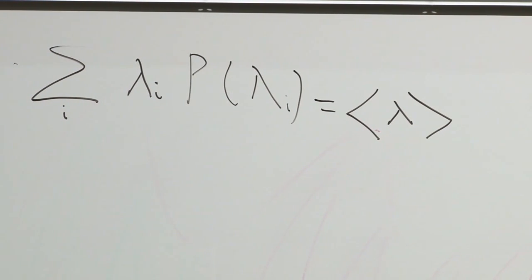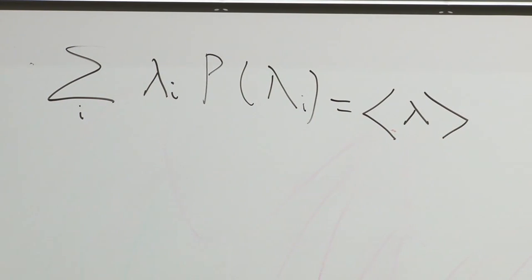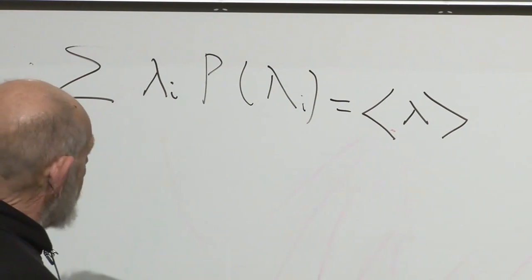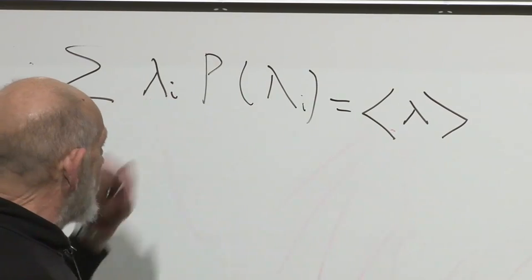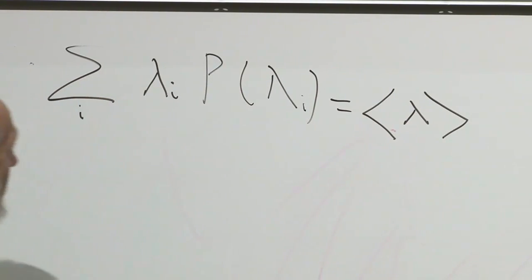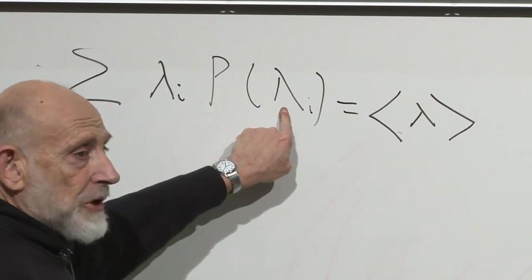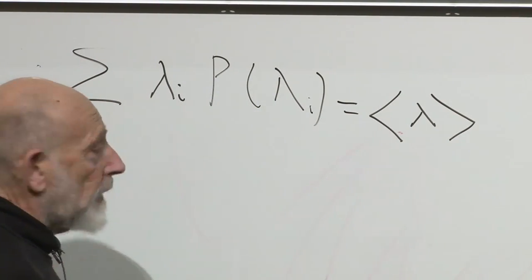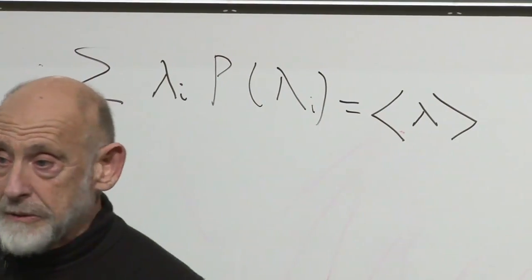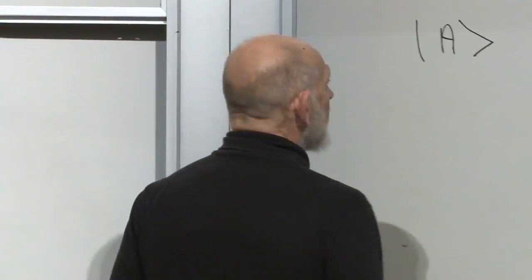Why it's labeled by the bracket symbol we'll come to. But that's the standard probability theory definition of the average of a quantity: the quantity times the probability that the quantity takes on that particular value, summed over i.